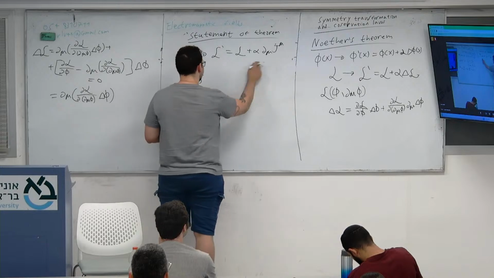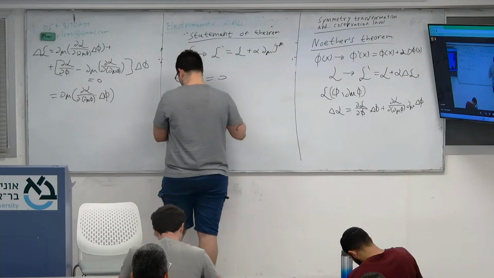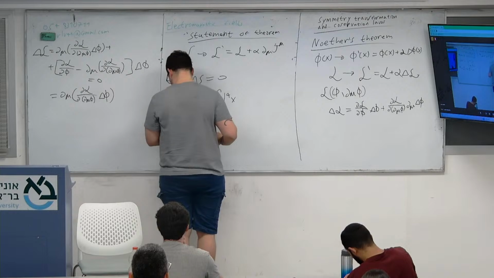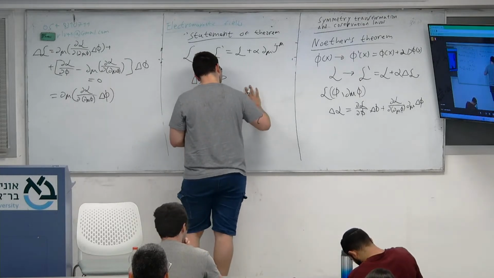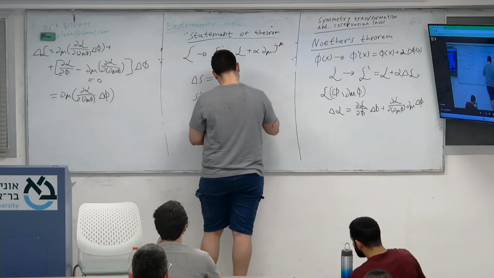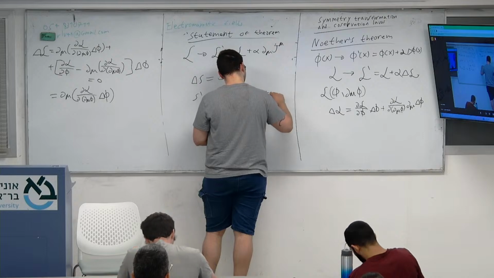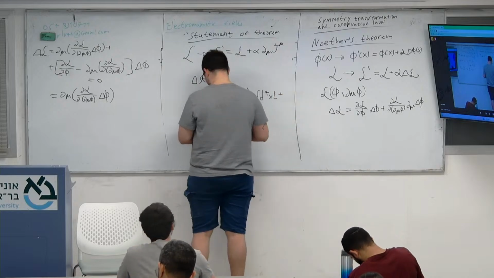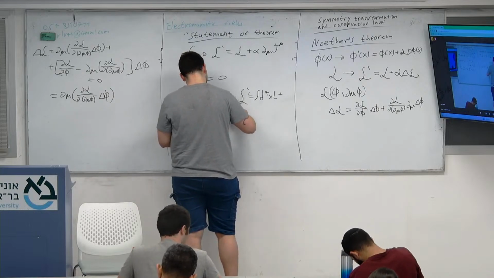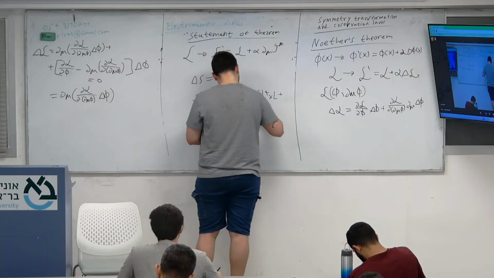this small change, as we saw before, will give us a change in the action, delta S, equal to the integral d⁴x of delta L, equal to the integral d⁴x of alpha ∂_μ J^μ.